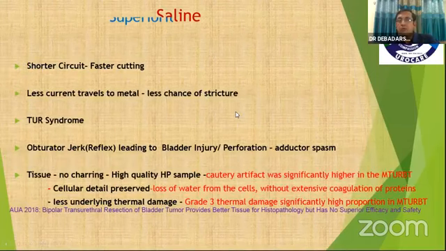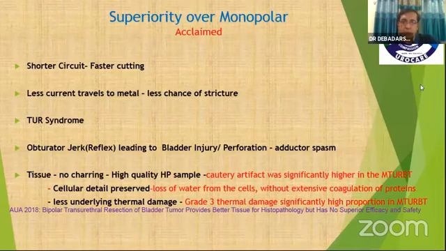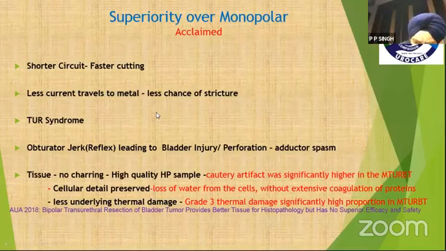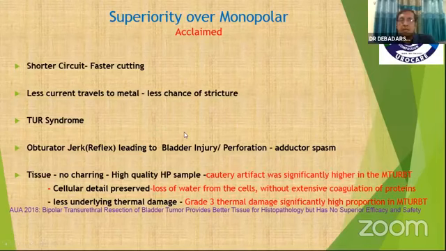What Dr. Ramesh has already told us is that as far as monopolar and bipolar are concerned, there is no significant difference in efficacy, bleeding, or operator jerk. But people claim that bipolar is very fast cutting because of the shorter circuits.